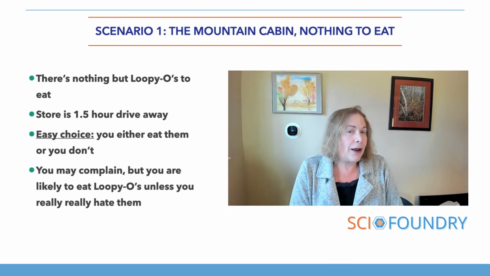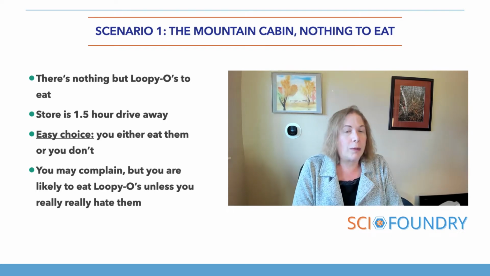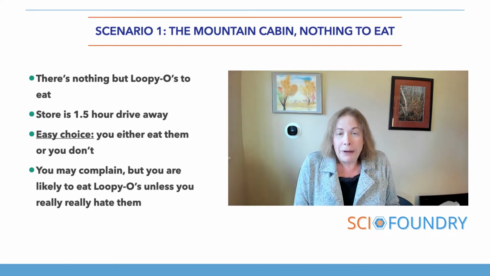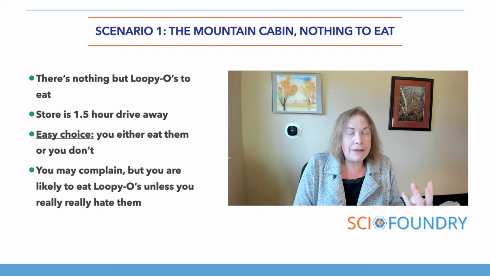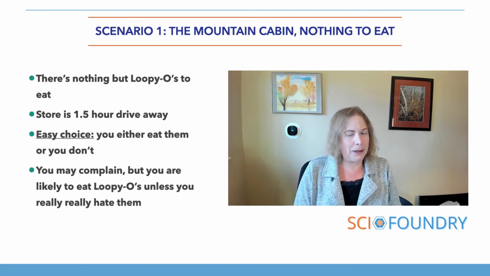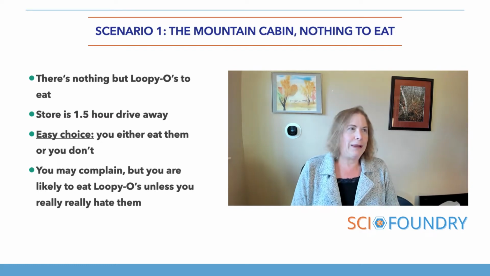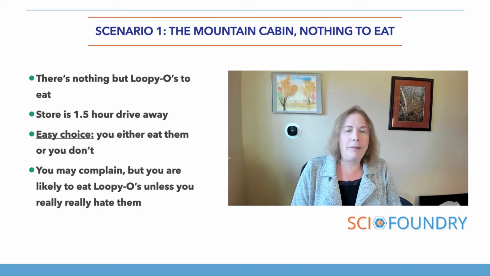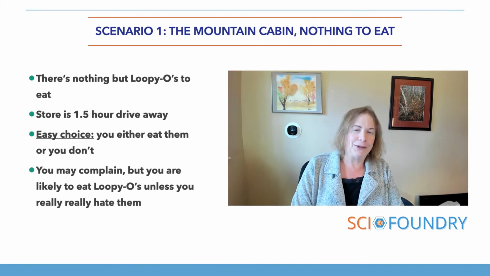You could either do that or you could drive to the store 1.5 hours away, which is a 3-hour round trip. So it's a pretty easy choice. You kind of either eat the Lupios or you don't, and maybe you decide to drive to the store, but for most of us, it would be like, yeah, I'll just eat the Lupios for now. And you may complain about it, but you're likely to eat them unless you really, really hate Lupios, okay?